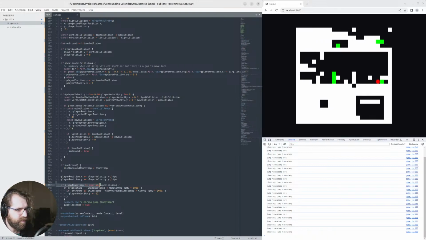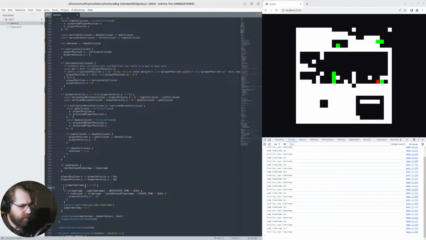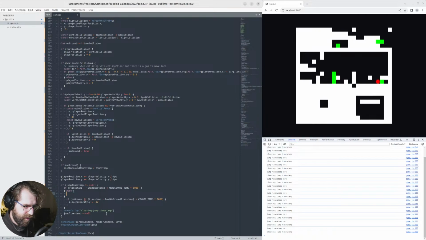Okay, so let's start tidying this up a bit. If jump timestamp is not null, so there's a jump queued, basically, then there's the check of whether it's even within the right time. If it isn't, let's clear it here.